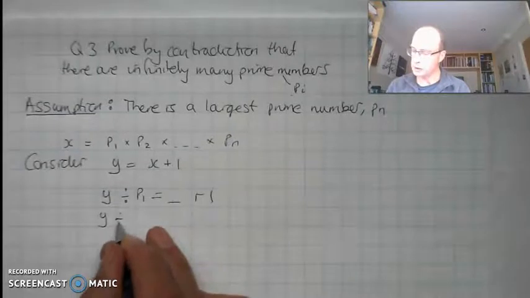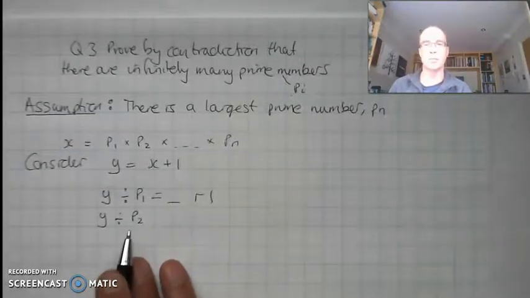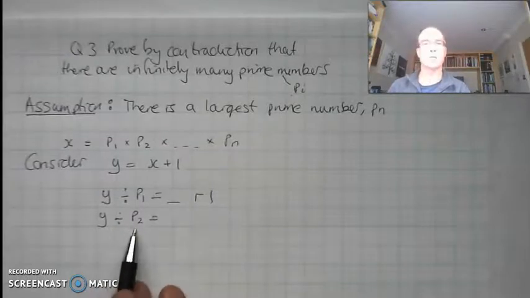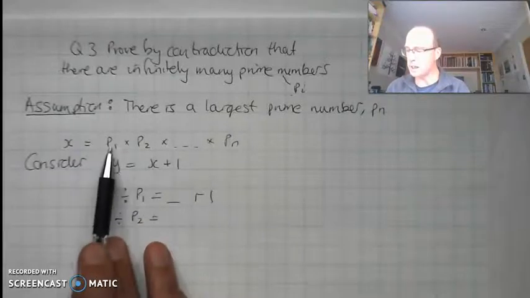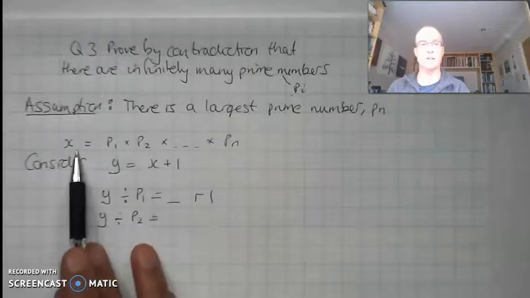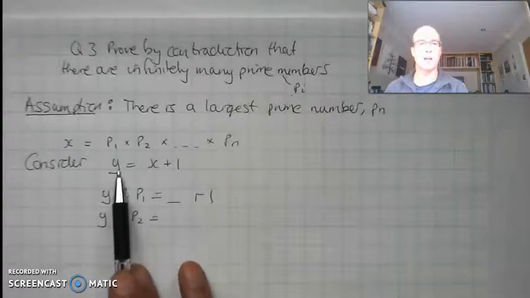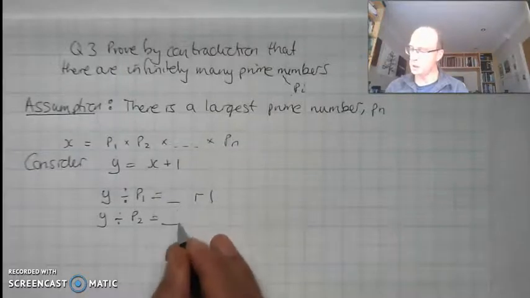Similarly, if I take the next prime number, 3, so that's P2, the second prime, and divide y by it, 3 divides exactly into my x, because it's one of my factors of x. So if I've added 1 onto x to get my y, it's also going to leave me with a remainder of 1. So it's going to equal something, remainder 1.